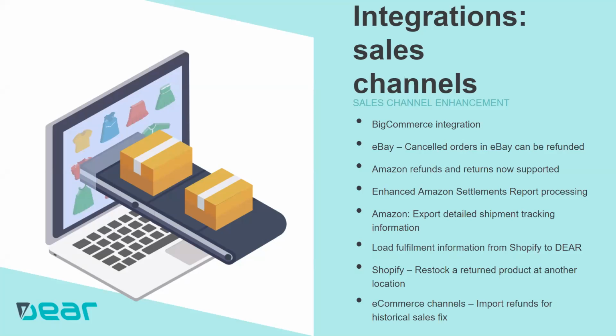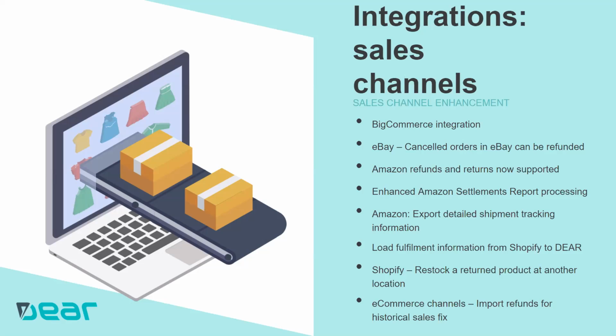The other enhancement to our sales integration channel is Shopify, which is one of our most used integrations. Now we have this functionality to be able to load fulfillment information from Shopify to Dia. What this really means is that through the setup tab in Shopify, where you do your process customization, where you set up your pick, pack, and ship processing mode, you can actually choose Load data from Shopify.